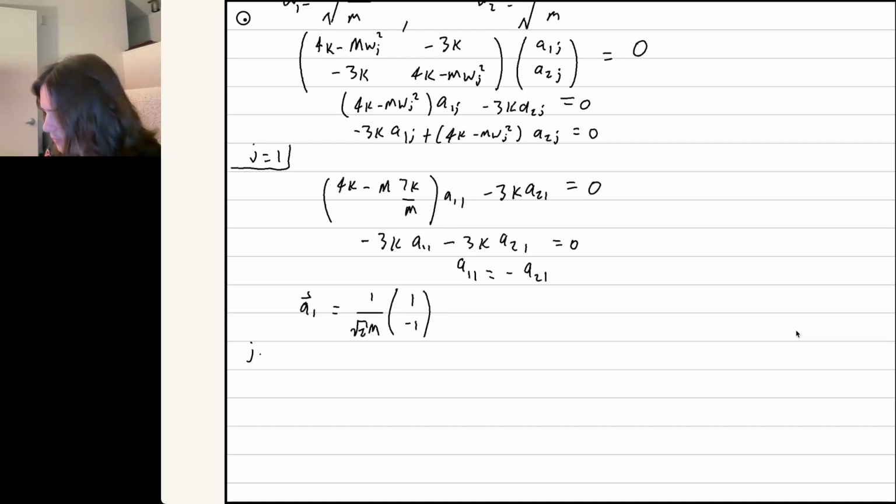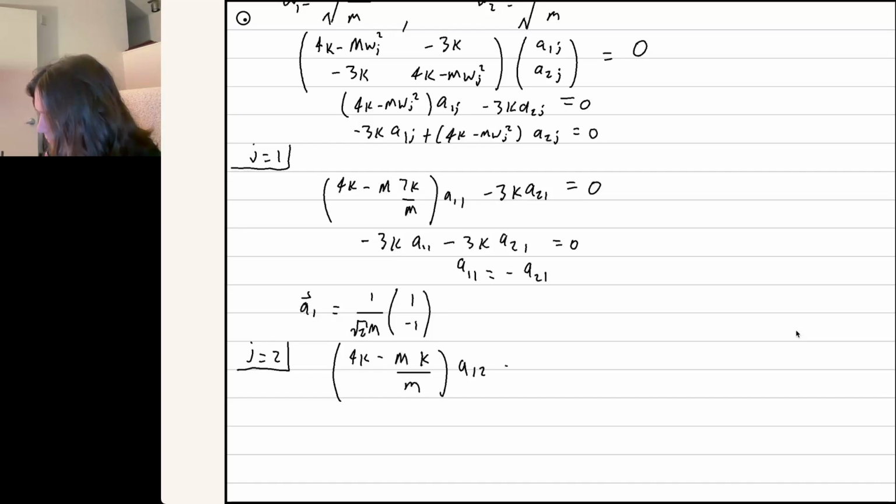Let's look at j equals 2 then. Again, starting from the first equation, we'll just have 4k minus m times k over m, a12 minus 3k a22 equal to 0.